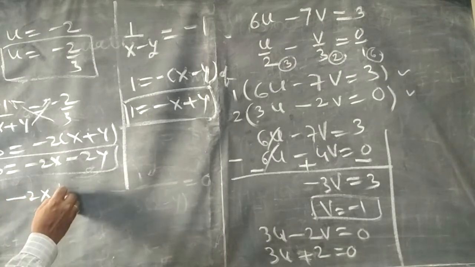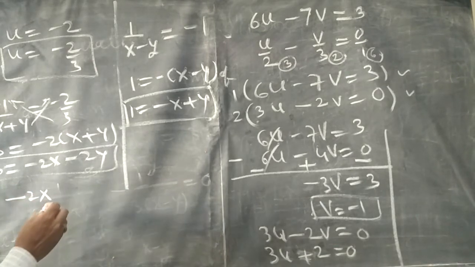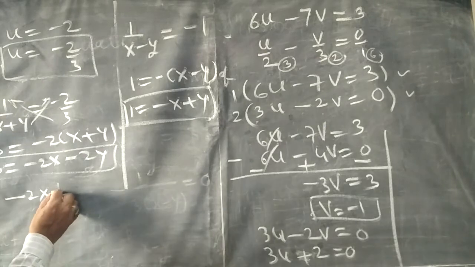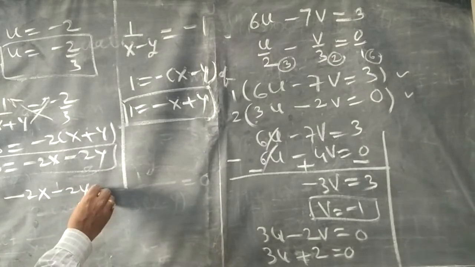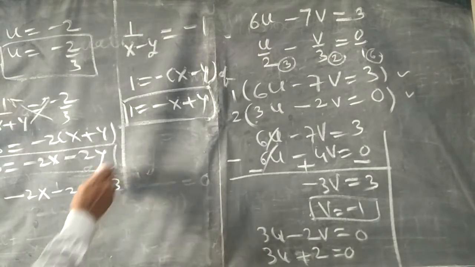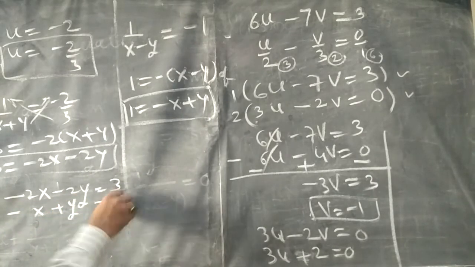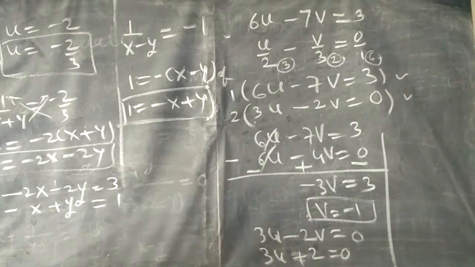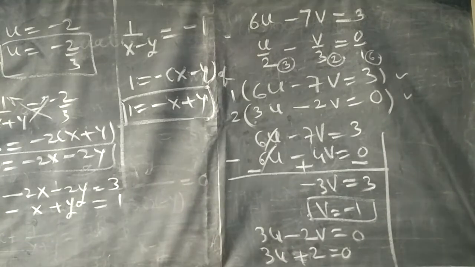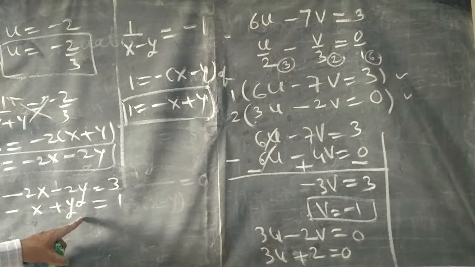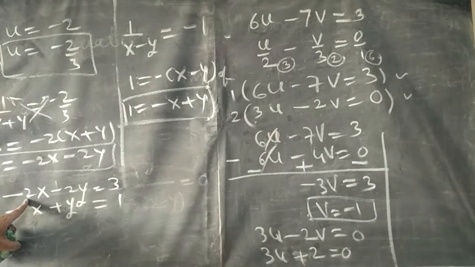Minus 2x, right? Minus 2y equal to 3. Here minus x plus y equal to 1. Now what to do? Open properly and check. Here is 2, here is 1.